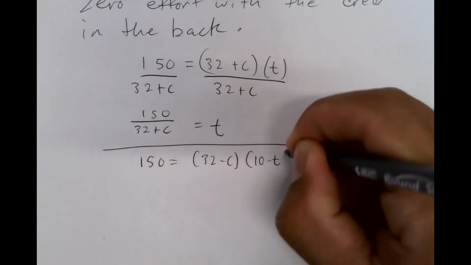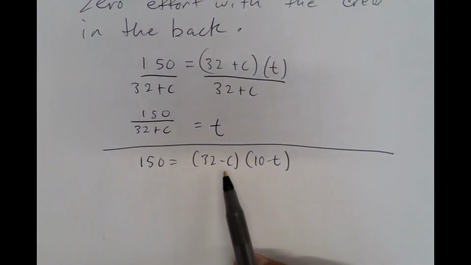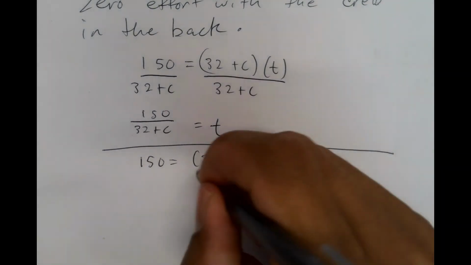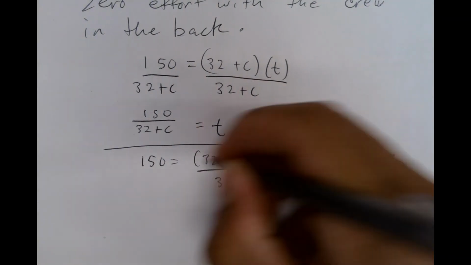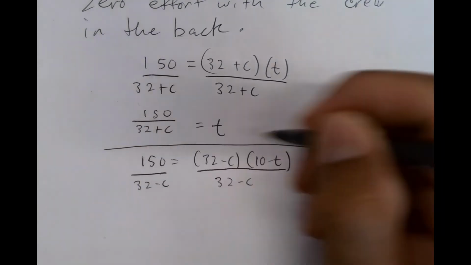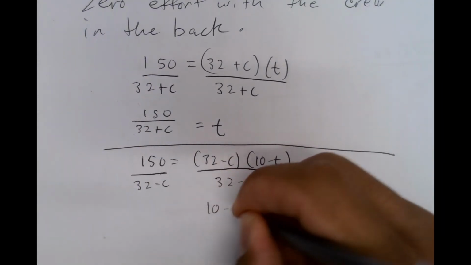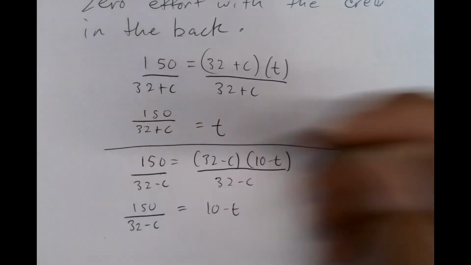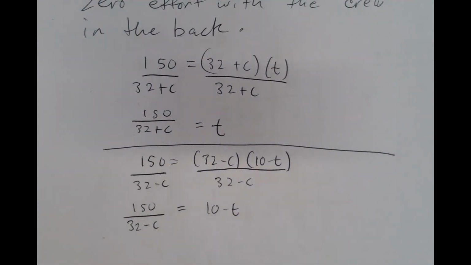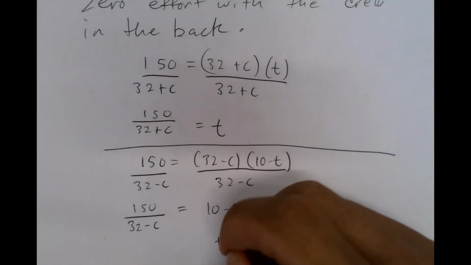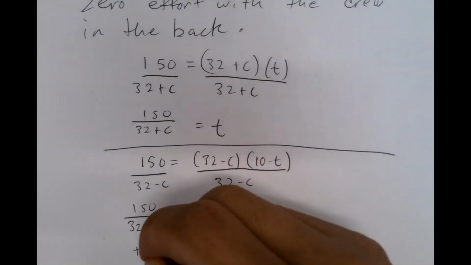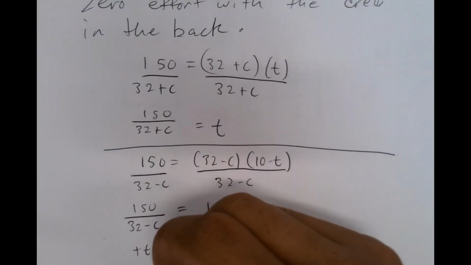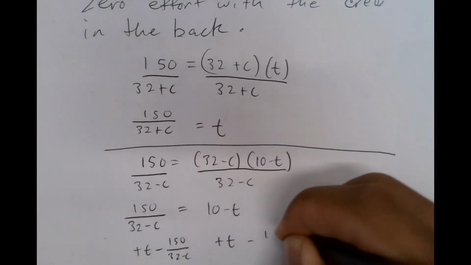And again, this is distance is equal to rate times time. Then I would divide both sides by 32 minus c, and I would get 10 minus t is equal to 150 divided by 32 minus c. And I want to get t by itself, so then I would add t to both sides, and I'm going to subtract 150 divided by 32 minus c from both sides.